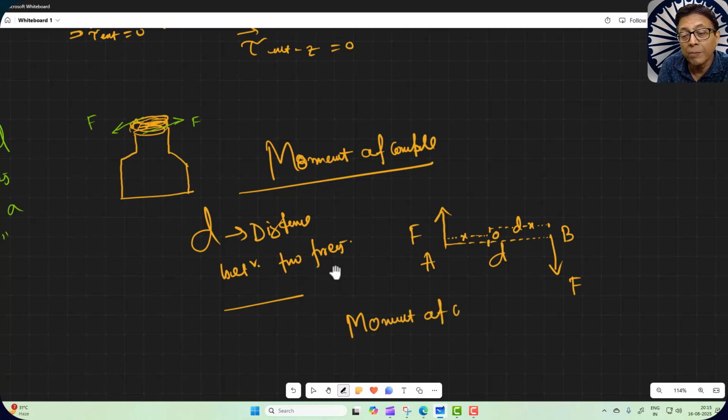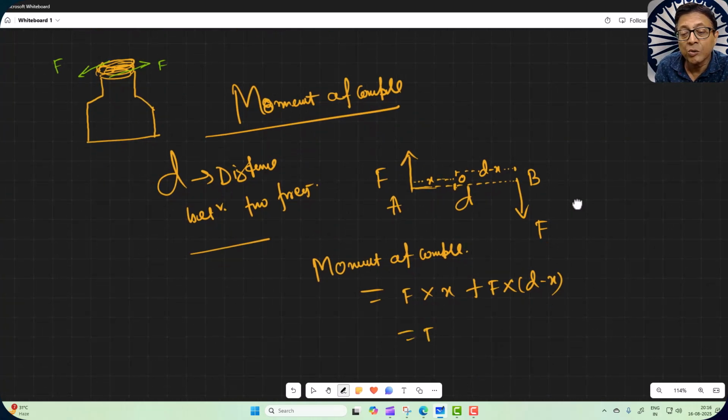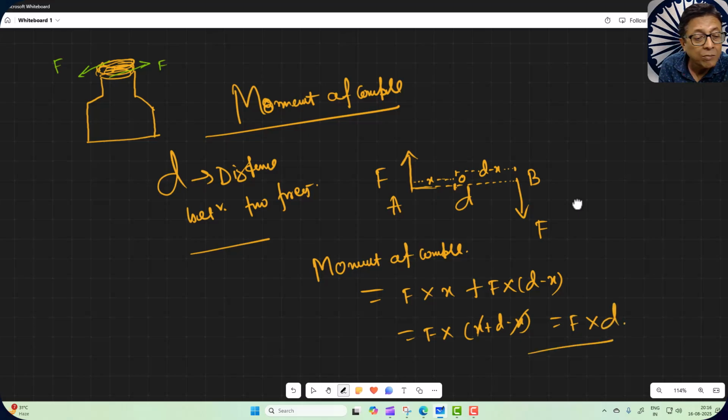Moment of couple is equal to F into x, this will rotate the lever arm in clockwise sense, plus F into d minus x, which also rotates in clockwise sense. So if we add these two, the x terms get cancelled, it is going to be F into d.